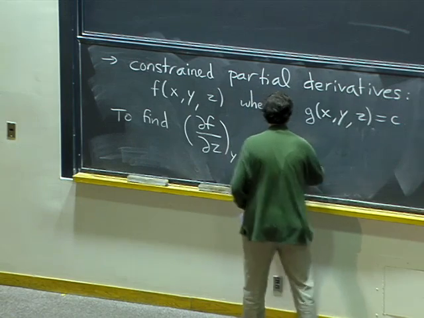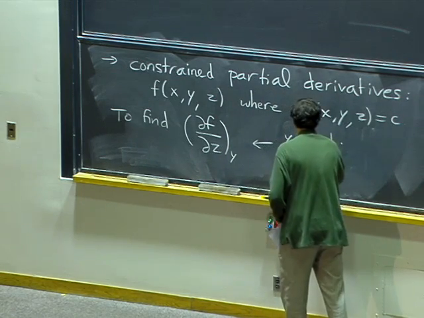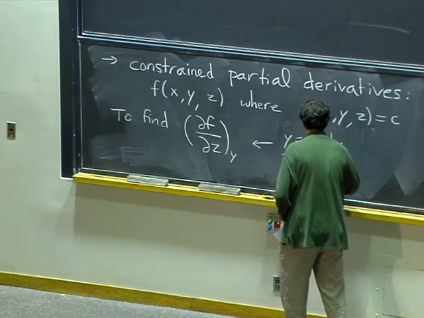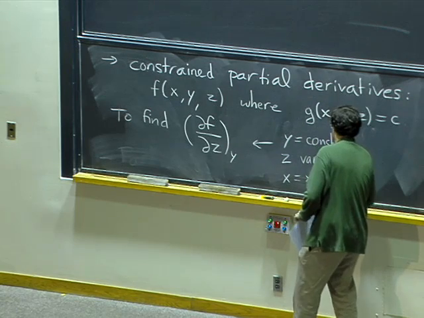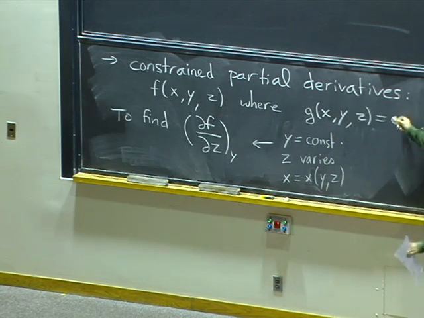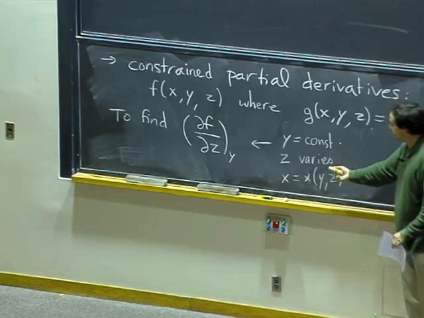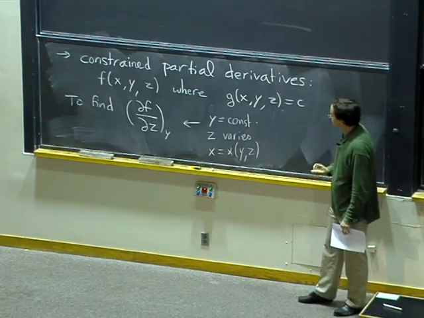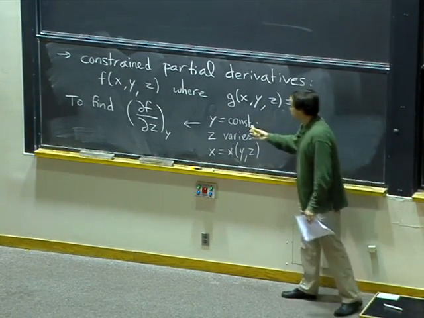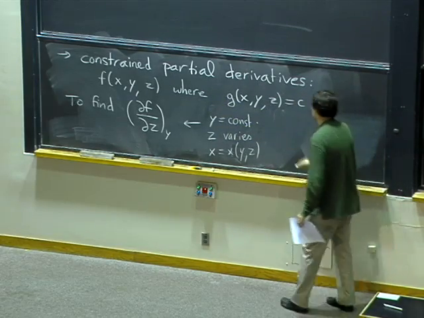That means y is constant, z varies, and x somehow is mysteriously a function of y and z through this equation. And then, of course, because x depends on y and z varies, x will vary. So now we're asking ourselves, what's the rate of change of f with respect to z in this situation?